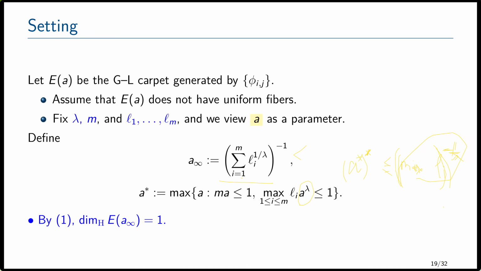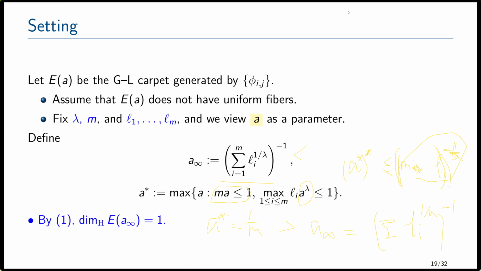Yeah. And then for this case, if we consider A star, it is 1 over M, and we want to prove A star is greater than A infinity. Then we just need to apply the Jensen inequality. The right hand side is the sum of Li^(1/lambda) to the power -1.